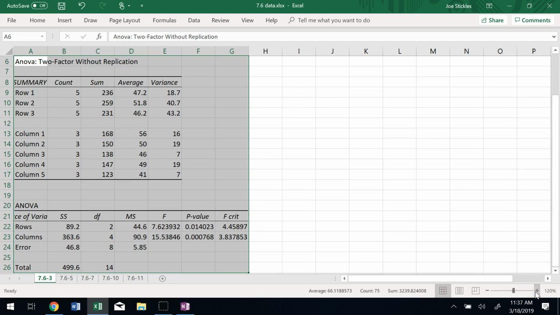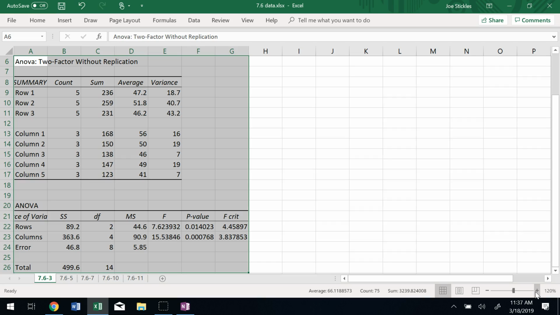All right. So let's just talk about the different things that are going on here. The first part is just giving you a summary of what's going on in different rows and different columns. So here are your different row means for these first three, those would be your X bar I dots.